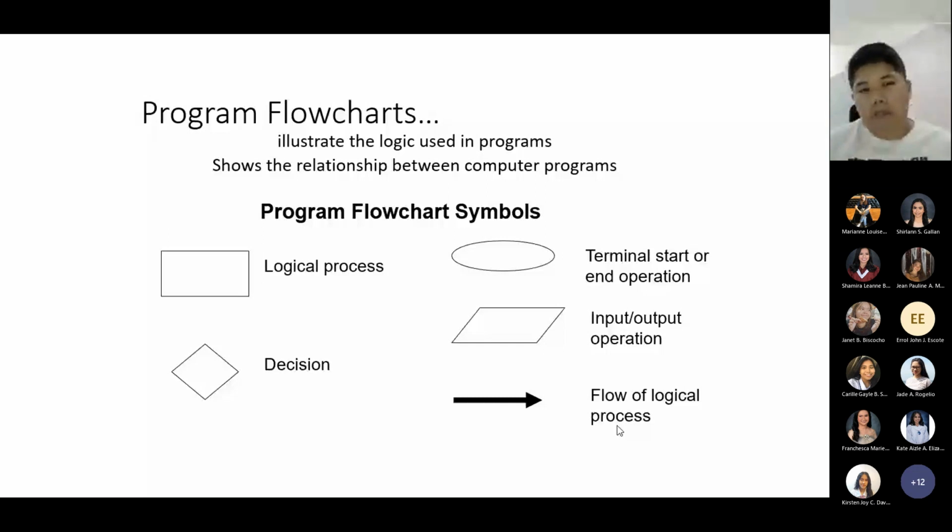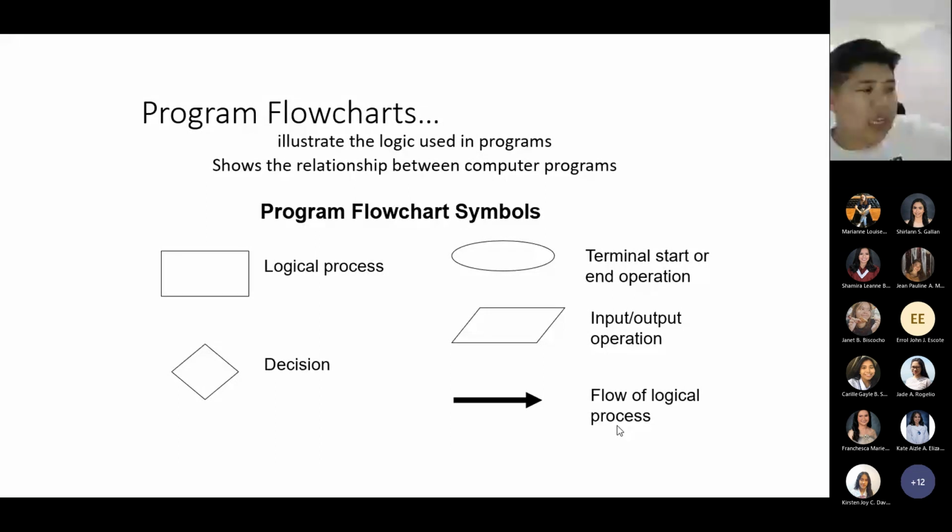So magkakaibang program. In a program flowchart, makikita mo paano napupunta kay collection, papunta sa financial reporting, papunta sa accounts receivable kasi nakakolek ka na. So, yun po yung program flowchart.